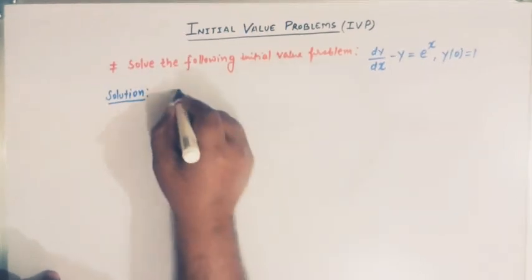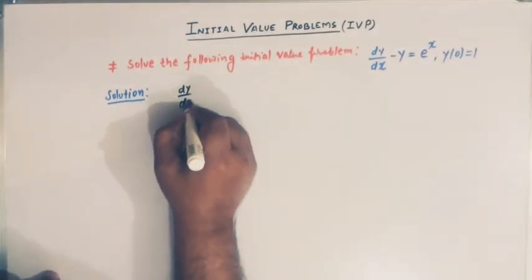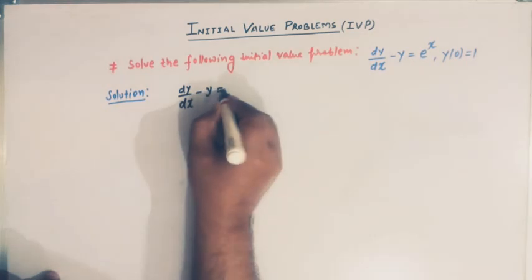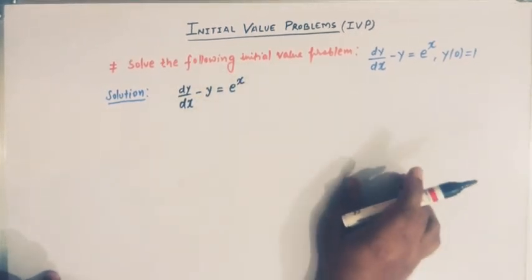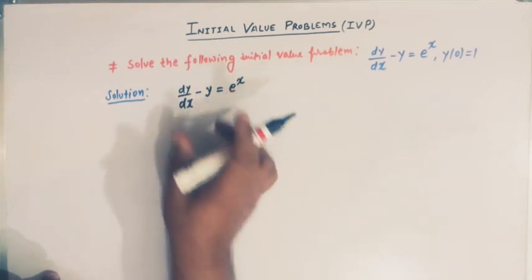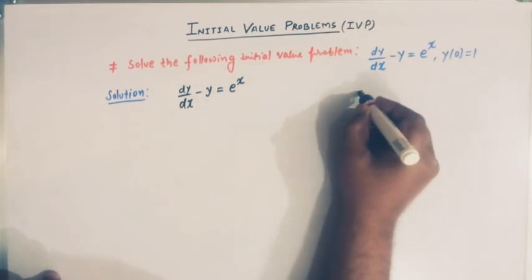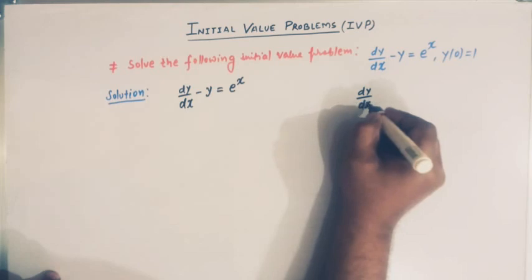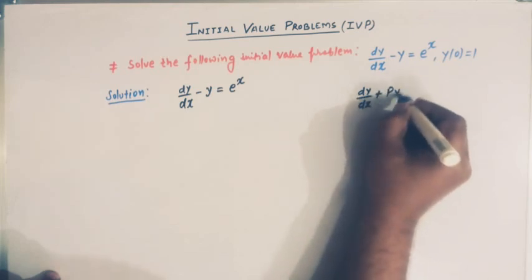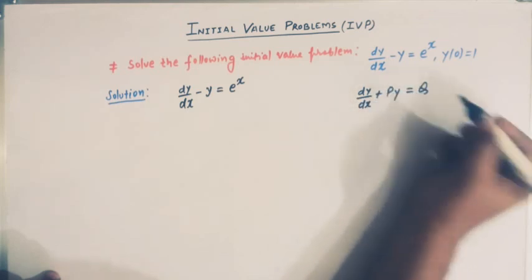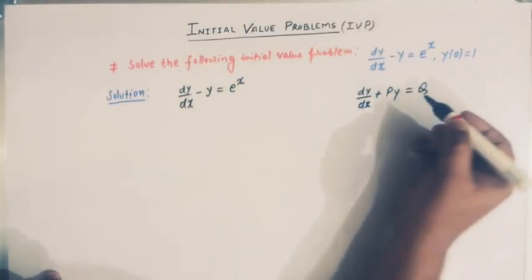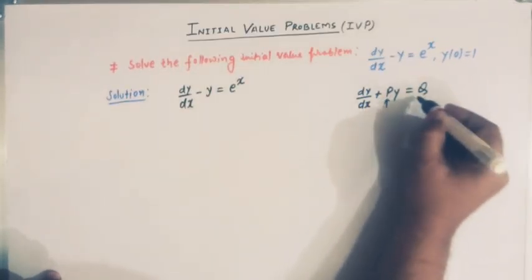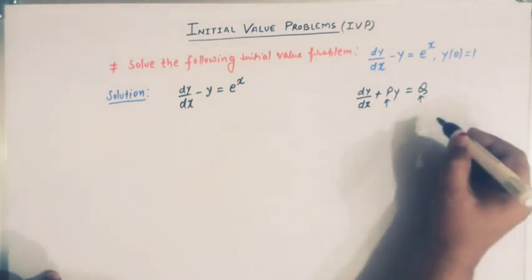So now here we see that the given equation is a linear differential equation of first order, and this equation is of the type dy over dx plus py is equal to q, where p and q are functions of x.